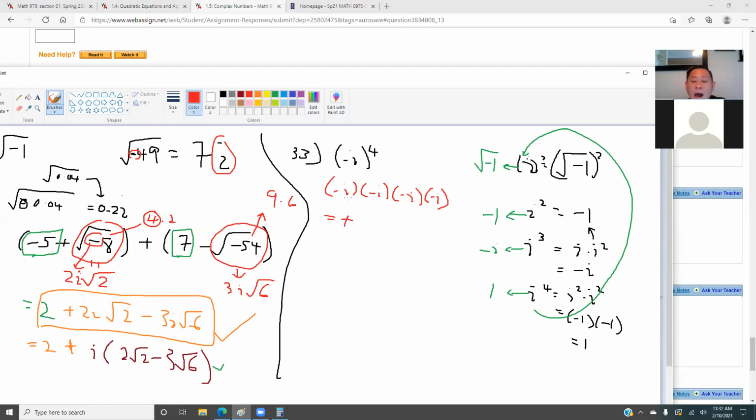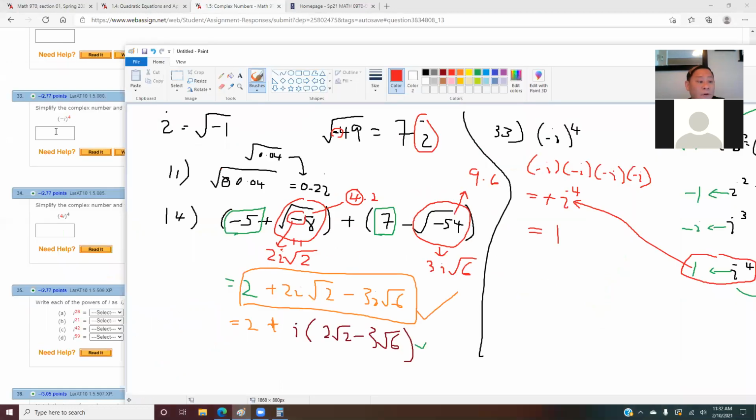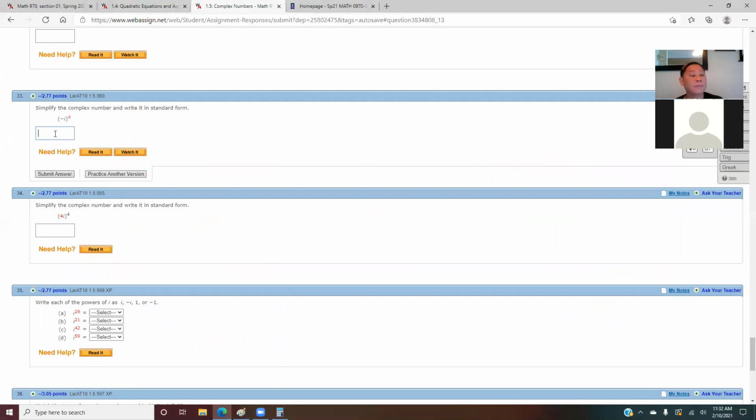So positive, and i times i times i times i is i to the power of 4. And what is i to the power of 4? It is 1. So your answer in this case is 1.